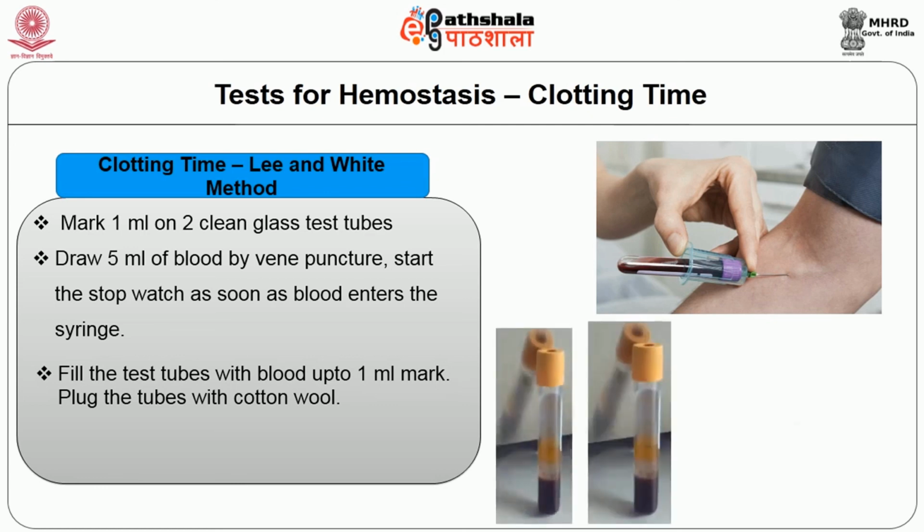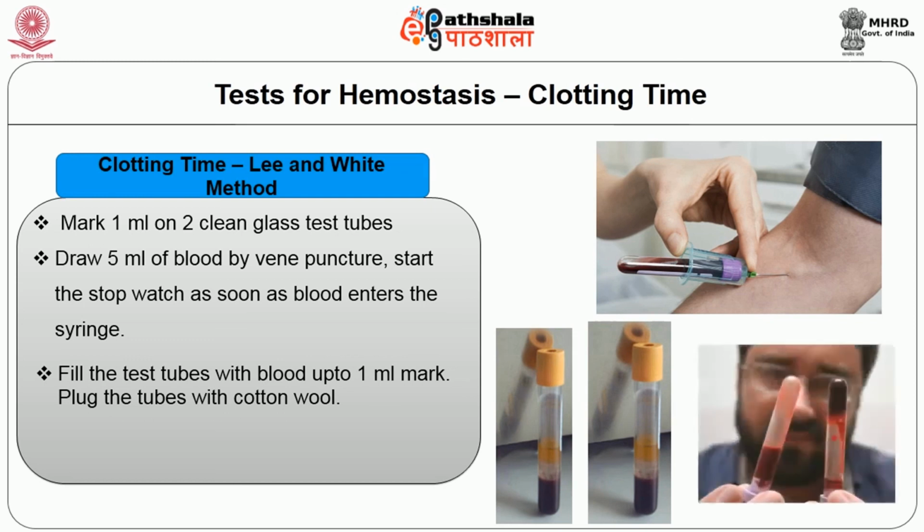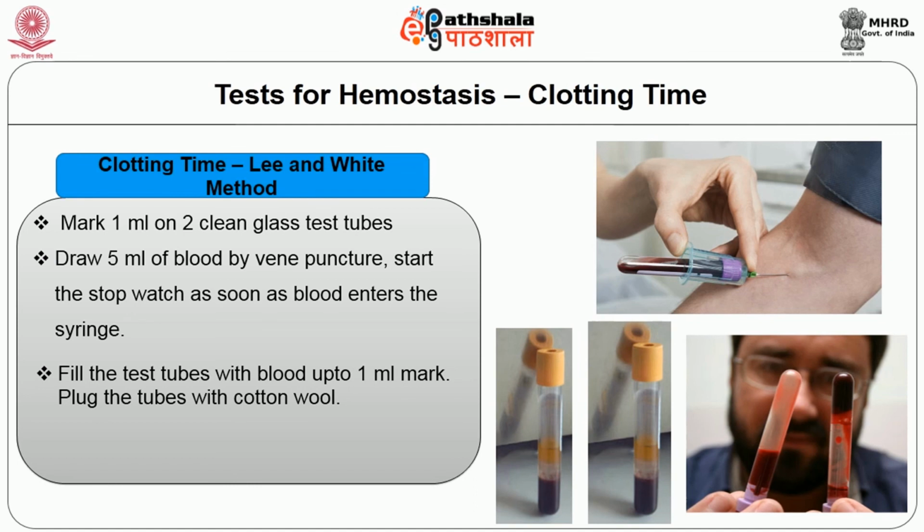Now, remove one test tube from the water bath after 3 minutes. Tilt the test tube to an angle of 45 degrees and see whether the blood has clotted or not. If the blood has not clotted, return the tube to the water bath and examine for clotting every 30 seconds.